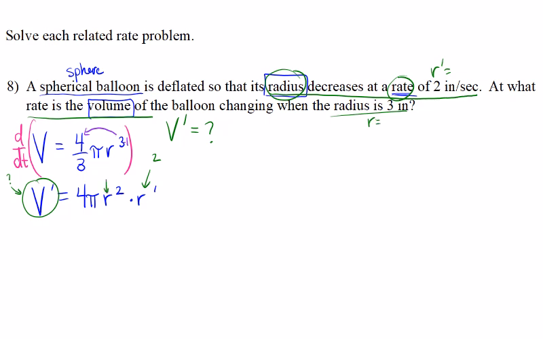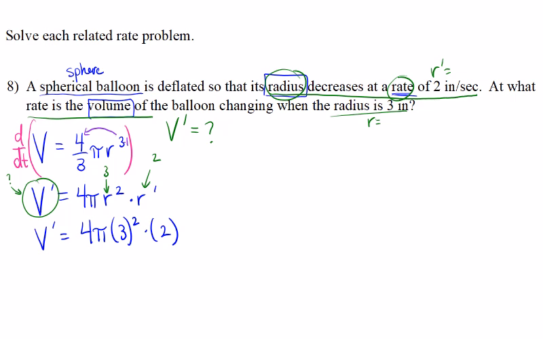So we're going to plug in 3 for r. We're not going to put anything in for pi, we're just going to keep it as pi because that keeps it exact. And so v prime is the variable we're looking for, so we leave that how it is. And we have 4 pi multiplied by 3 squared, and then we put in 2 for r prime.